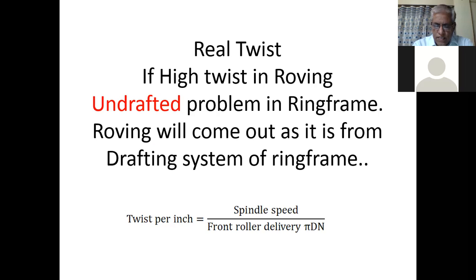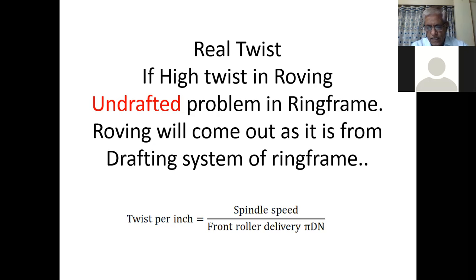Twist is expressed in different forms. It may be twist per inch. It may be twist per centimeter also. It may be twist per meter also. As you choose the unit, the same unit will be for the twist.